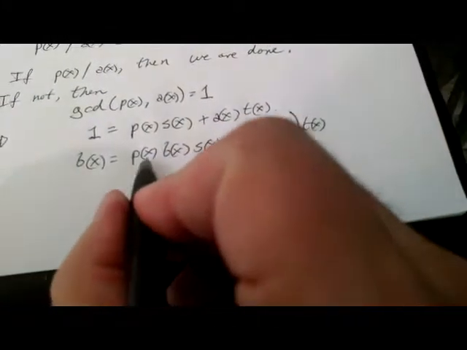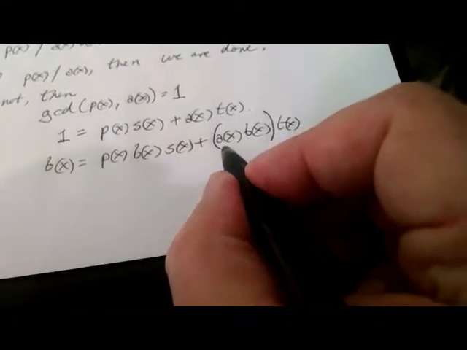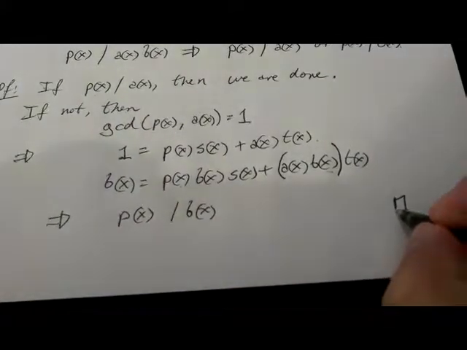And since p of x divides this term here, because p of x is right there, and we were given that p of x divides the product a of x, b of x, we get out of this that p of x divides b of x. So if p of x doesn't divide a of x, then it has to divide b of x, and we're done.